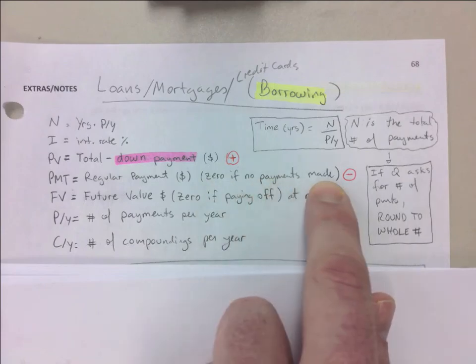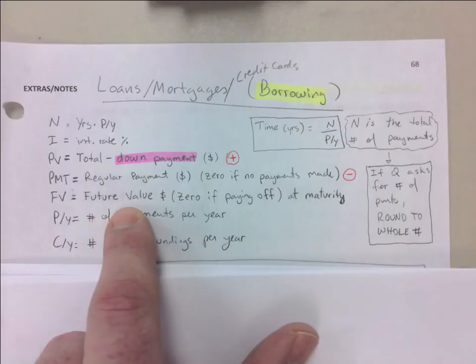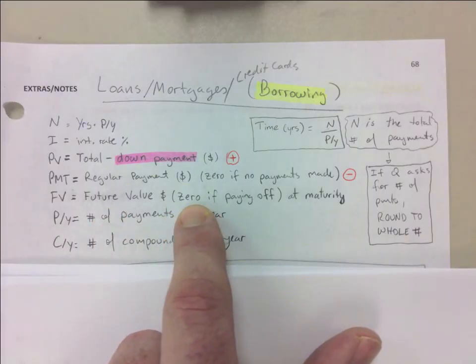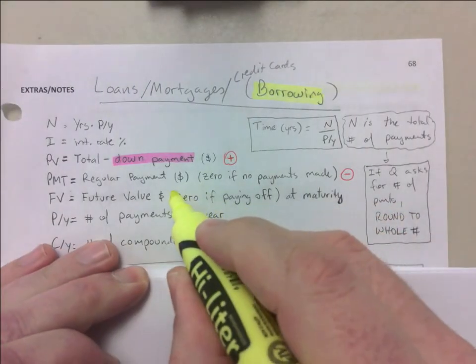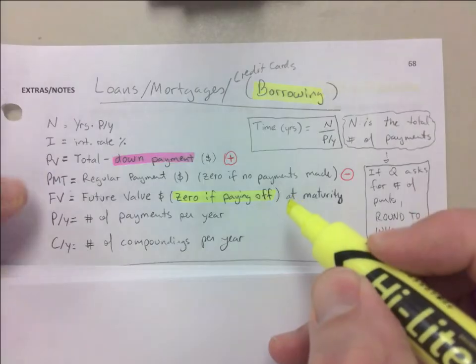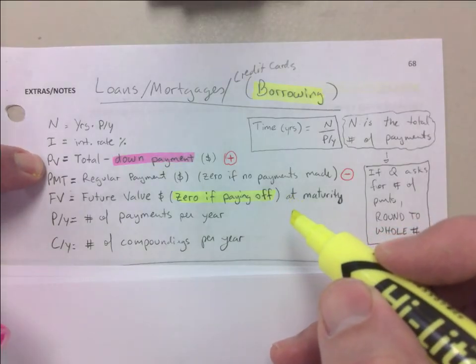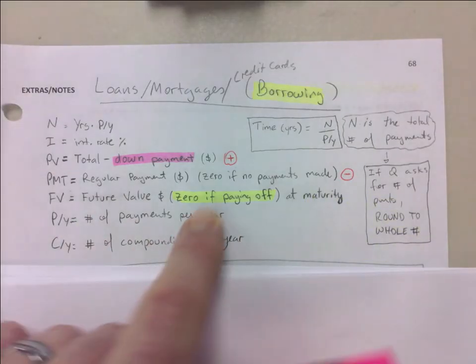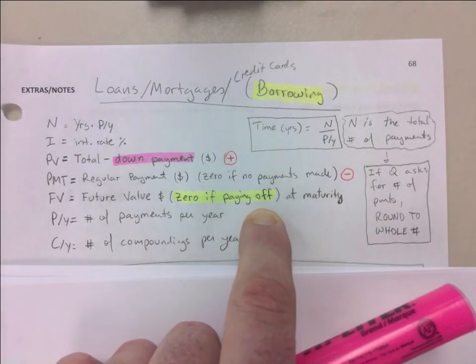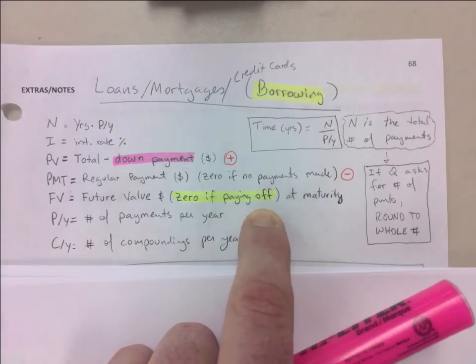So then that would be zero. Future value, you want this to, in general, be zero if you want to pay it off, right? So if you're planning on paying off that loan, like the amount you got in present value, you would like to set future value to zero, which is 99% of the cases, it's going to be zero, okay?